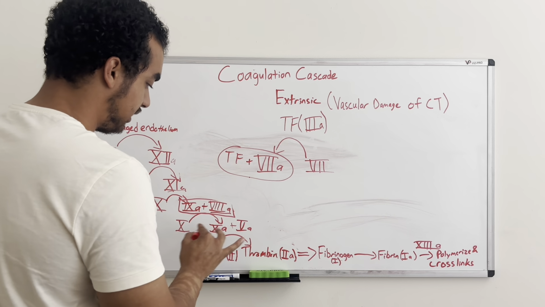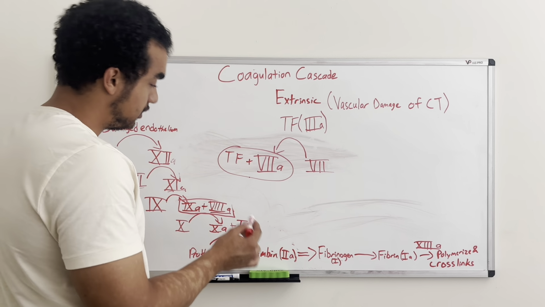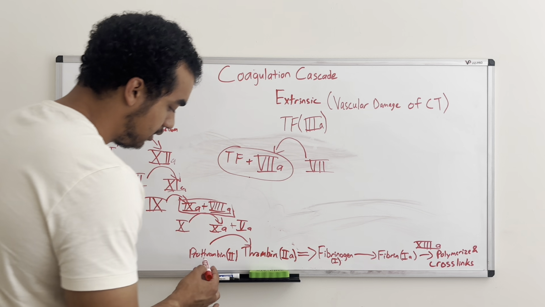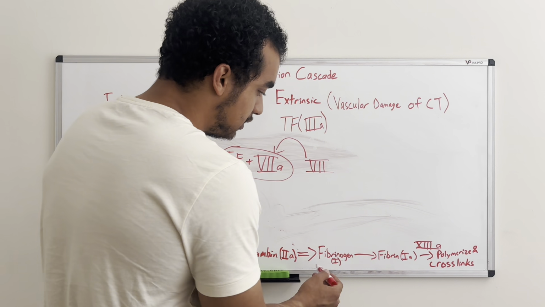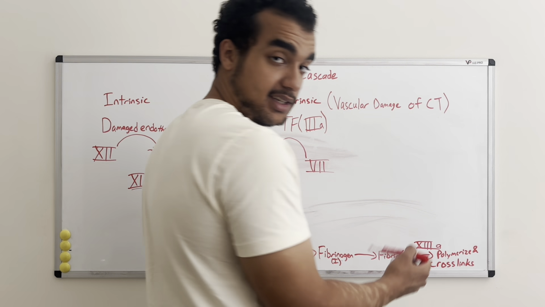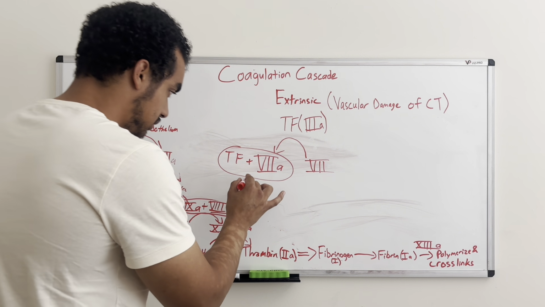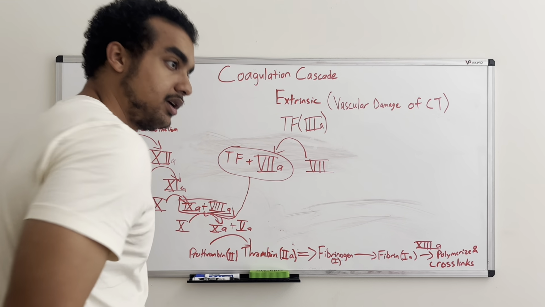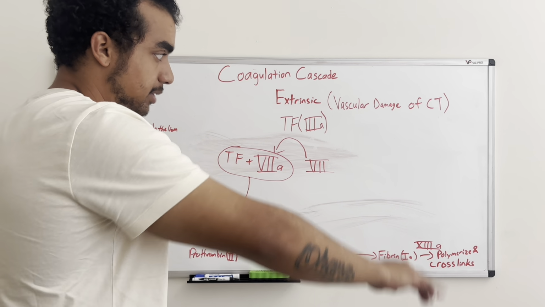This complex will activate factor 10. Cofactor 5 will then bind the activated factor 10, cleaving prothrombin, activating it into thrombin, which will lead to activation of fibrin and then cross-linking and polymerization of that fibrin. So I'm going to come here, deposit right there. And it's going to go through the rest of the pathway like that.